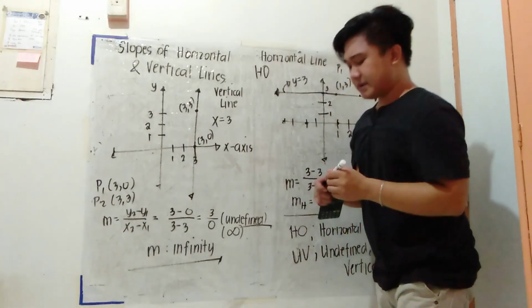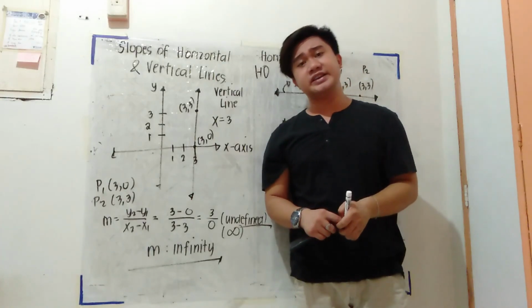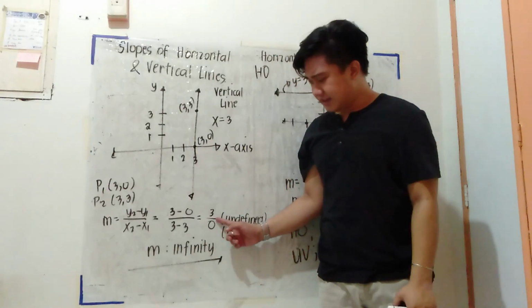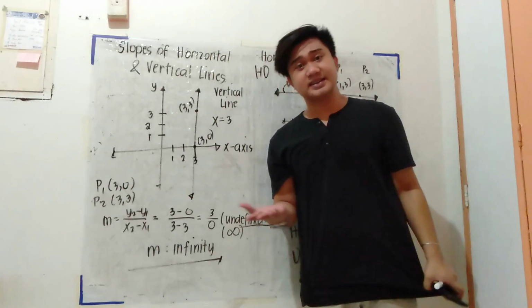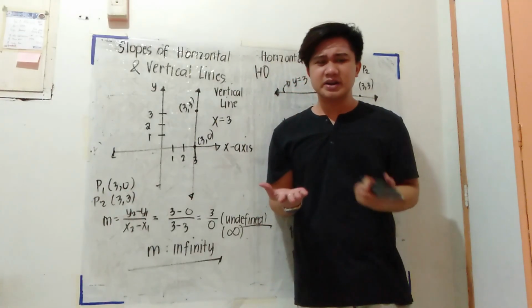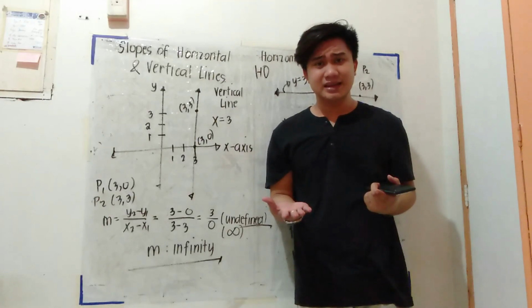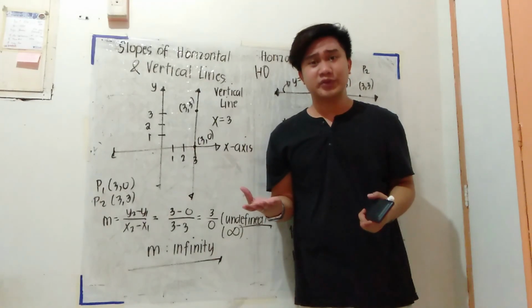Kaya po kasi sinasabing undefined kasi any number divided by 0 is equal to undefined. Undefined kasi i-divide mo yung isang number nang wala ka namang pinang-divide, diba? Hindi mo masasabi kung ano yun.